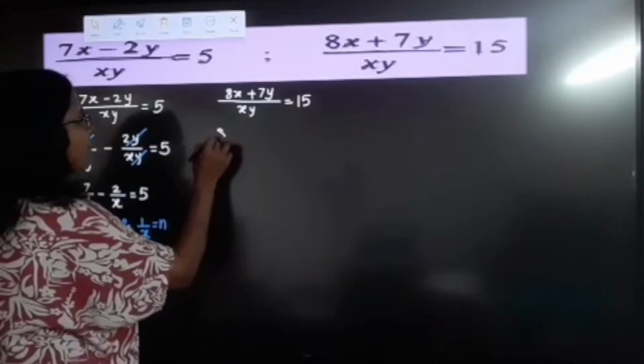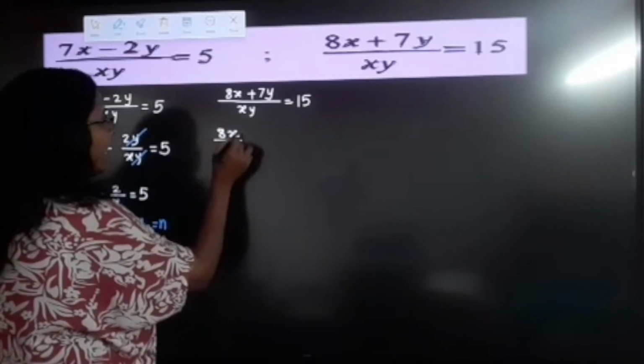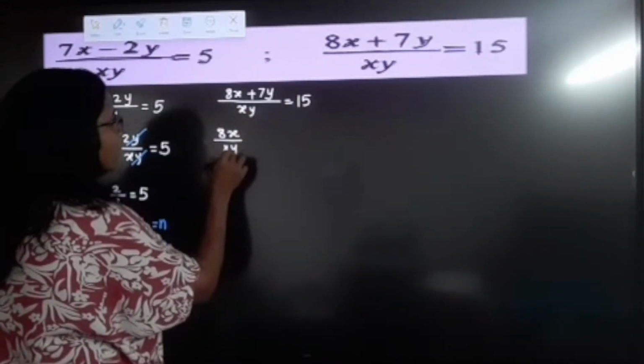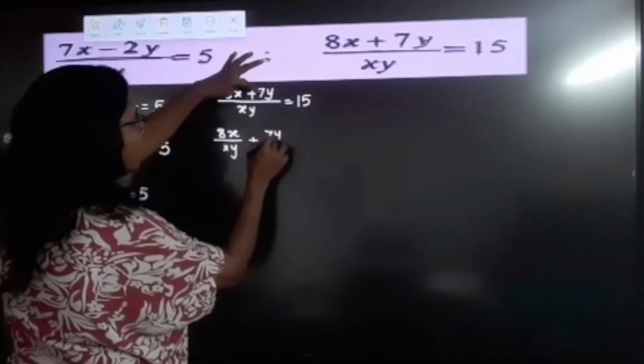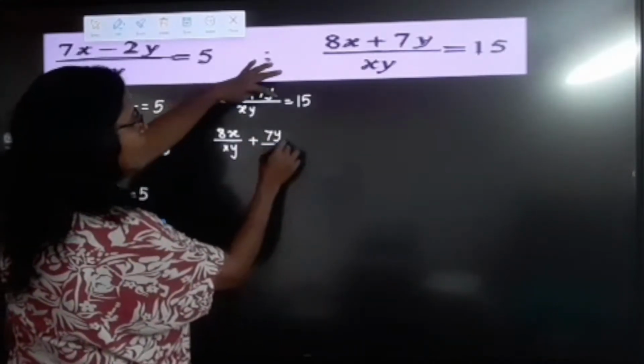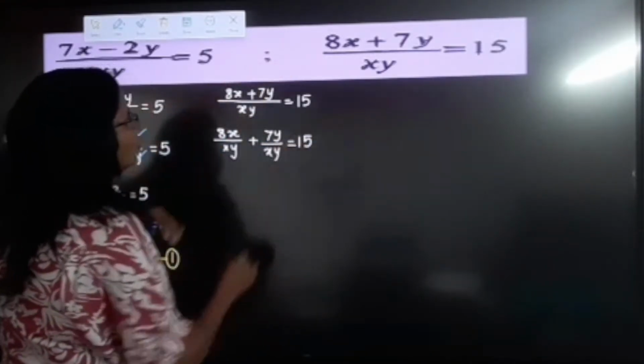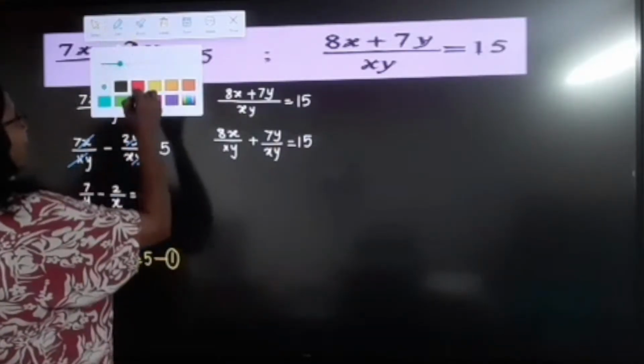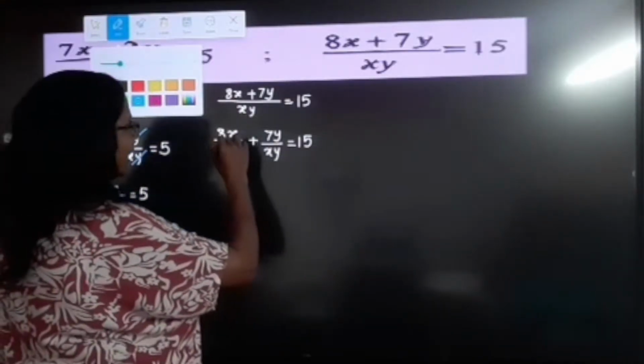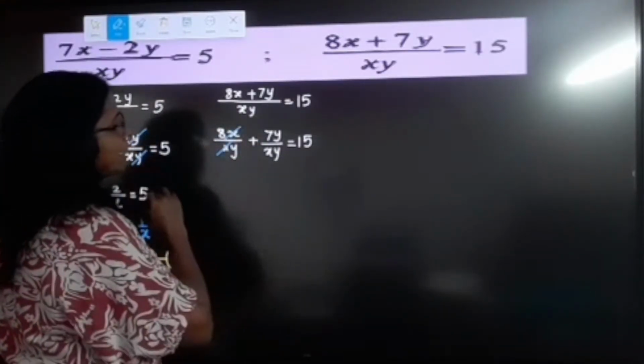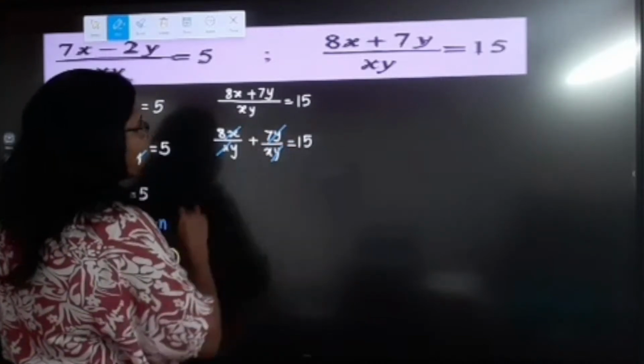Bifurcation: 8x upon xy plus 7y upon xy is equal to 15. Here x gets cancelled, here y gets cancelled.